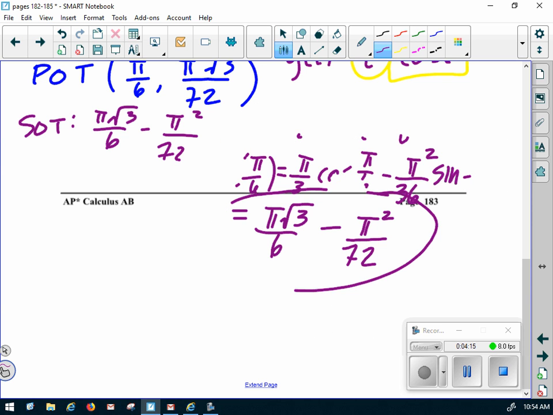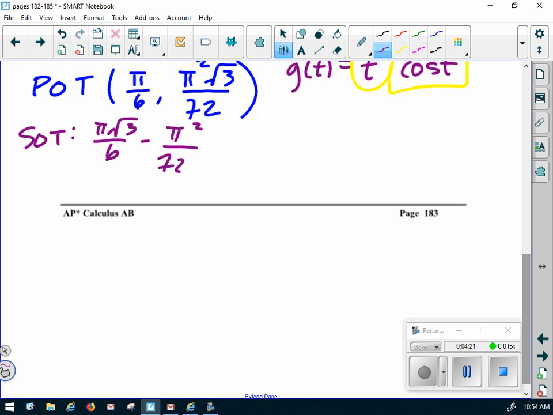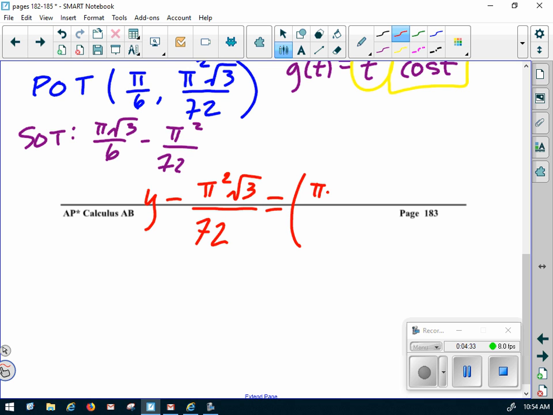Now I know you know how to write the equation of the tangent line, but I want to write it with you just to be sure of something, because this thing's kind of ugly. Y minus y1 equals m times x minus x1.